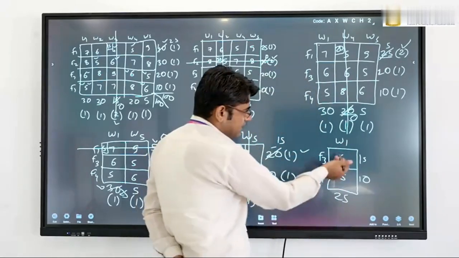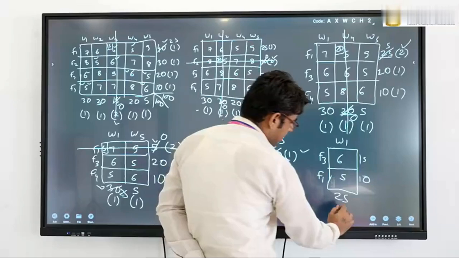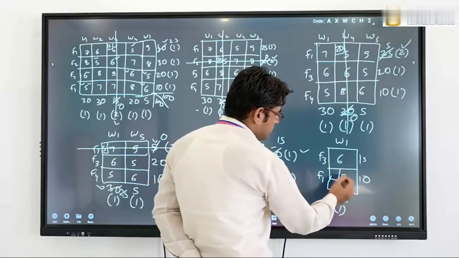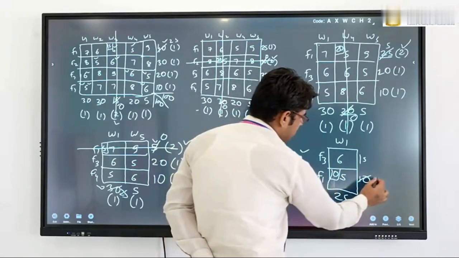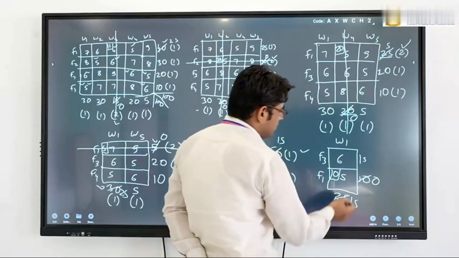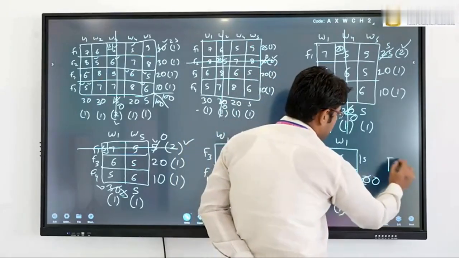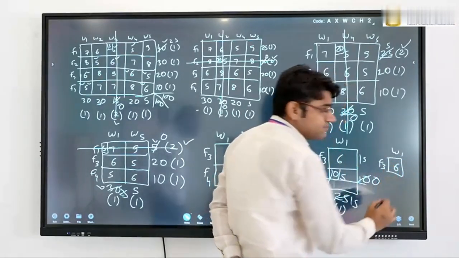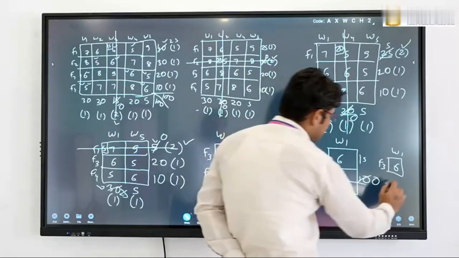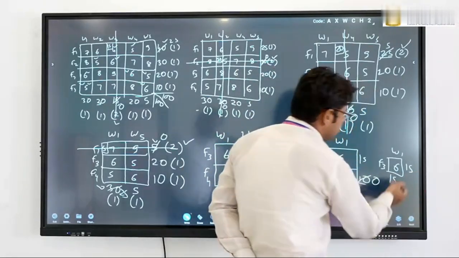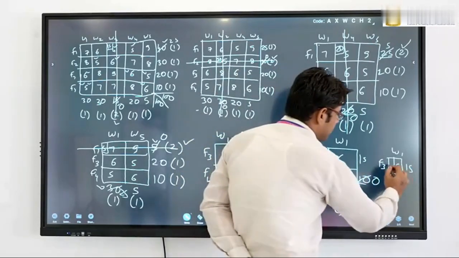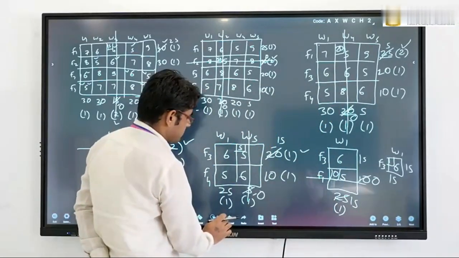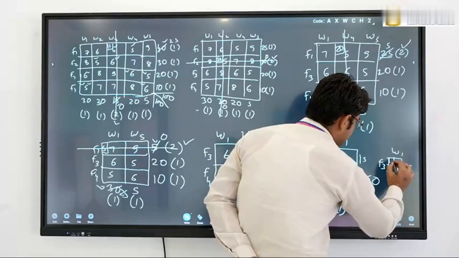Now we find the penalties of this: 6 minus 5, remaining is 1. So smallest is 5. So write here 10, 10 minus 10, 0 and remaining 15. Now cross out this row and remaining only one element 6, W1 and F3. Here remaining 15 and 15. So here only one element, so allocate here 15.